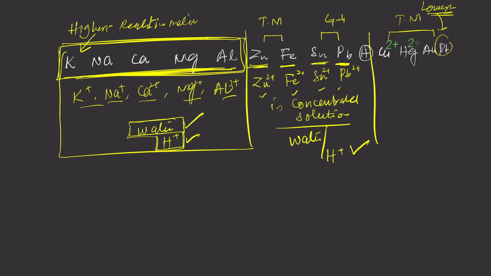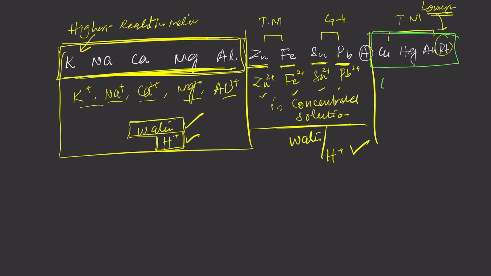They can receive the electron only if they are in high concentration; that is the only condition. Otherwise, once again, water will be the winner, or you can say H positive ion will be the winner. Now come toward the last compartment, which I'm going to highlight with a green pen.